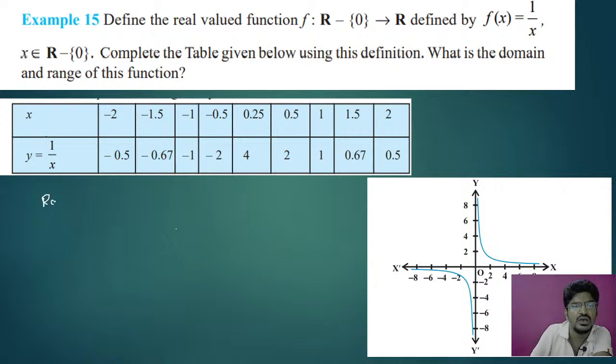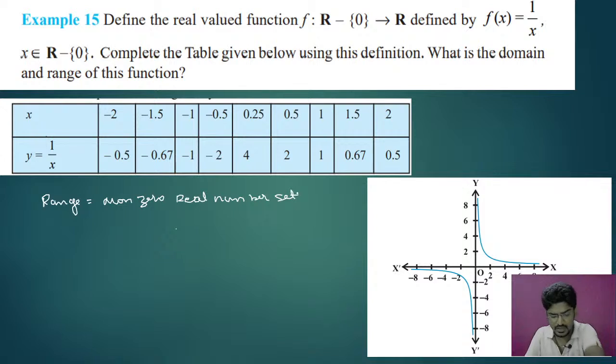That means range is equal to the non-zero real number set. Very good. Most of you are giving the right answer, and this is the nature of the graph. You have to remember, very important.